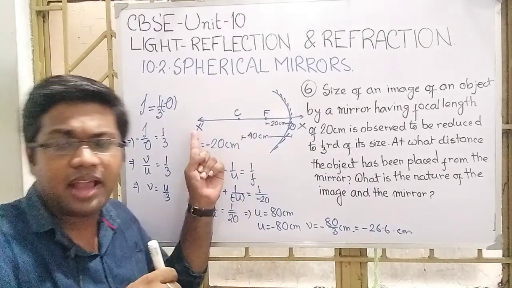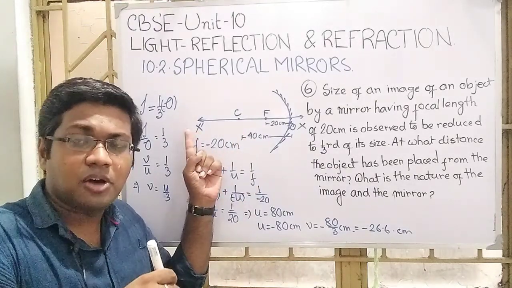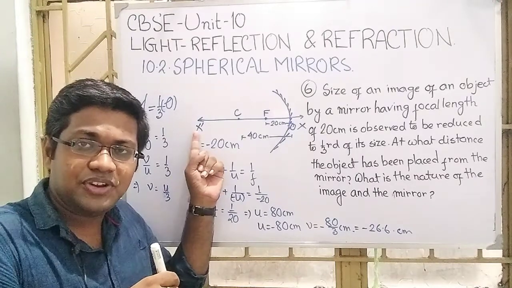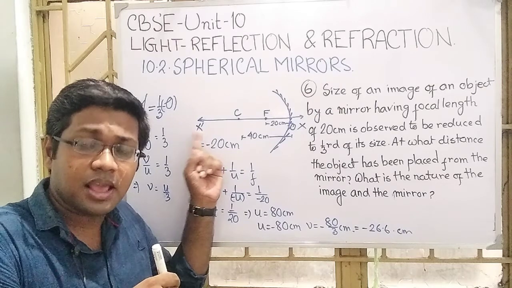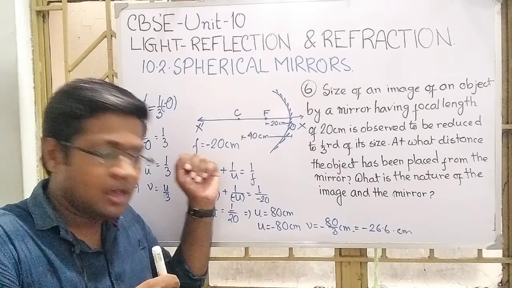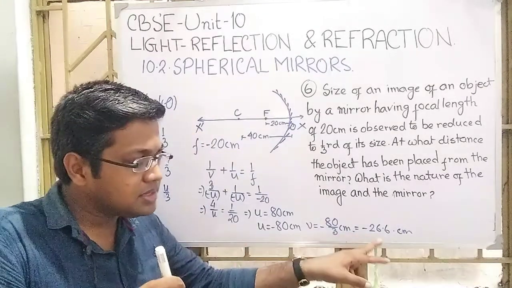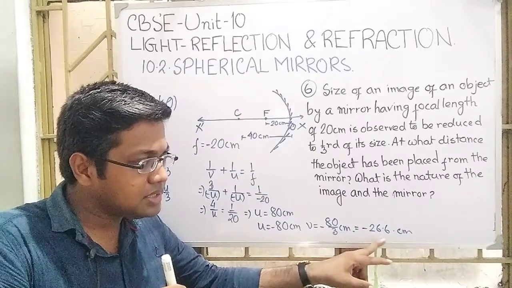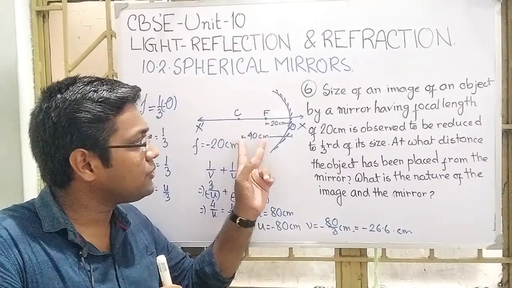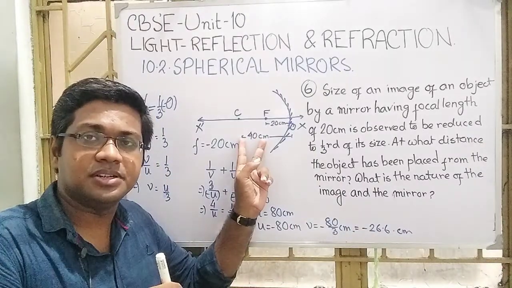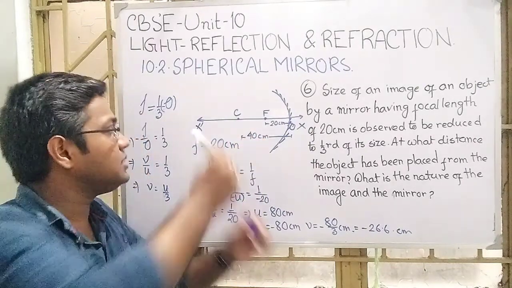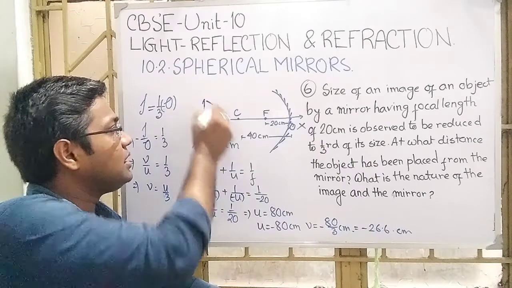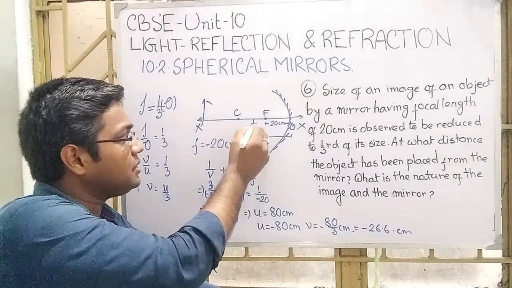It is placed at 80 centimeter, so the object is placed between infinity and the center of curvature of this concave mirror, and the image will be obtained at 26.6, that is in between the focus and the center of curvature. That is real and inverted. If the object is somewhere here, the image will be somewhere here.